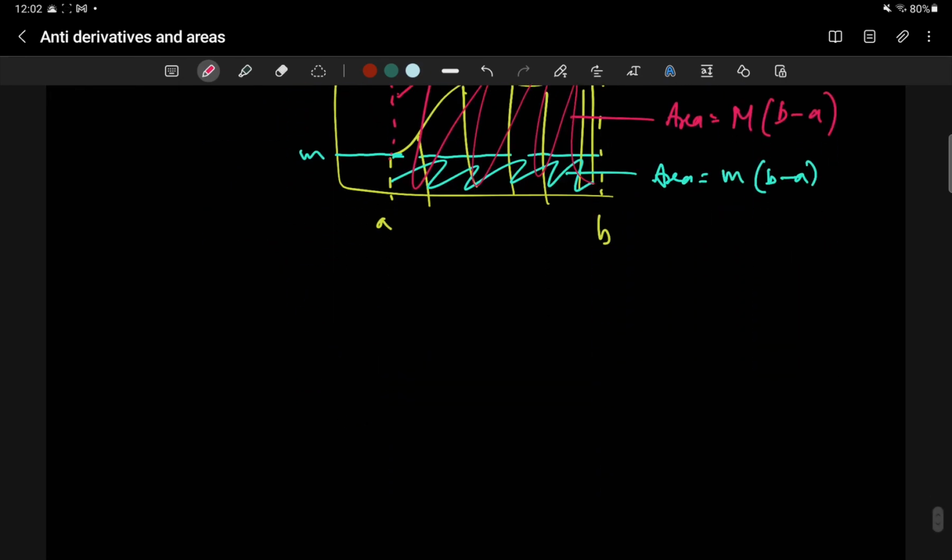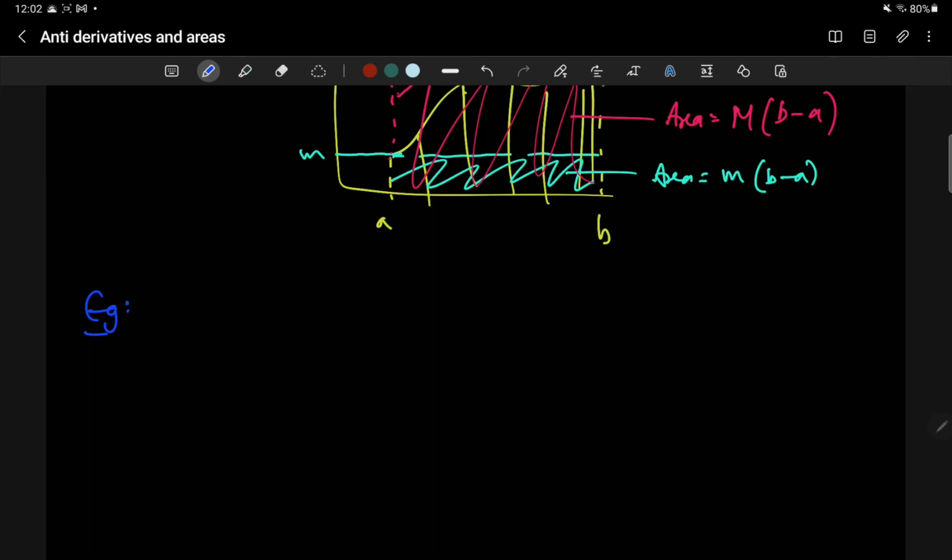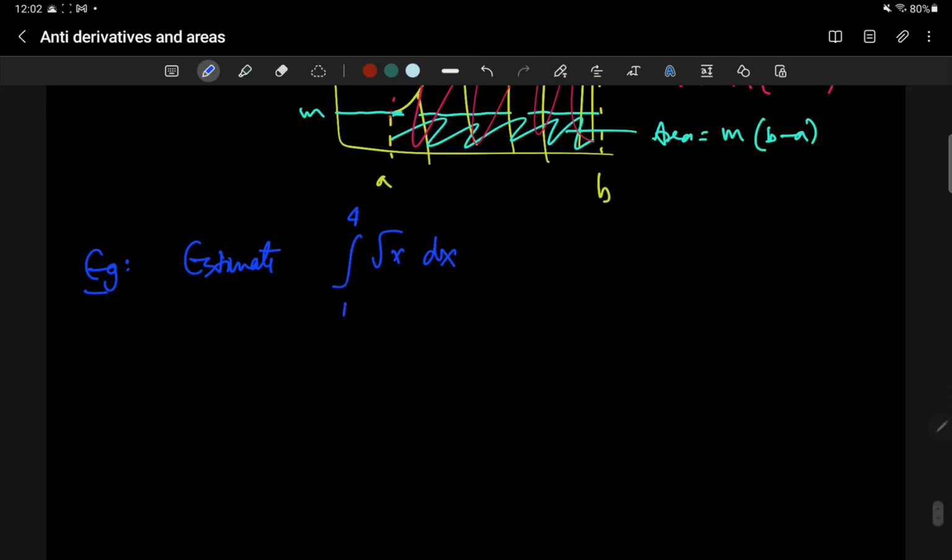For example, if you want to estimate the integral from 1 to 4 of root x dx, root x is an increasing function. How do we know that?